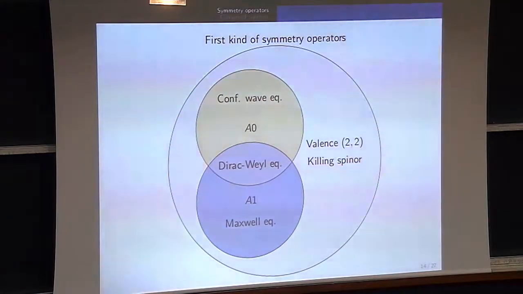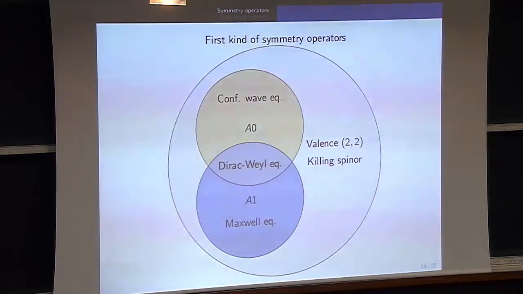So for all these operators we certainly need a valence 2-2 killing spinor. And for a conformal wave equation we need the condition A0. For the Maxwell equation we need a condition A1, and for the Dirac Weyl we actually need both.